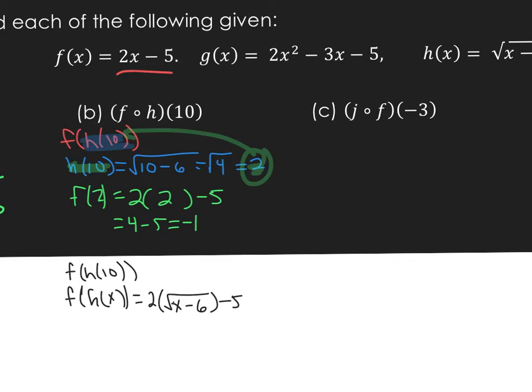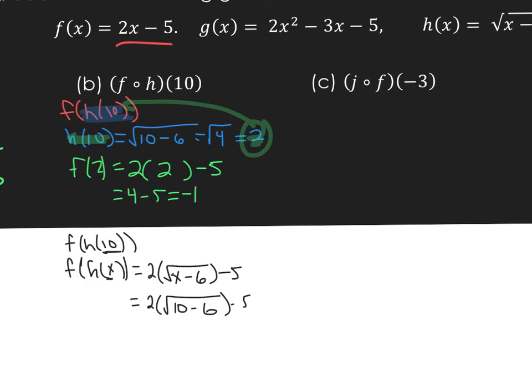And then we replace the x with a 10. When we simplify this, notice we still have 2 times the square root of 4 minus 5, which is 2 times 2 minus 5, which is 4 minus 5, which is negative 1. And we get the same answer. So it really doesn't matter how you simplify the problem. Most students will choose to do the evaluating method over the algebra.